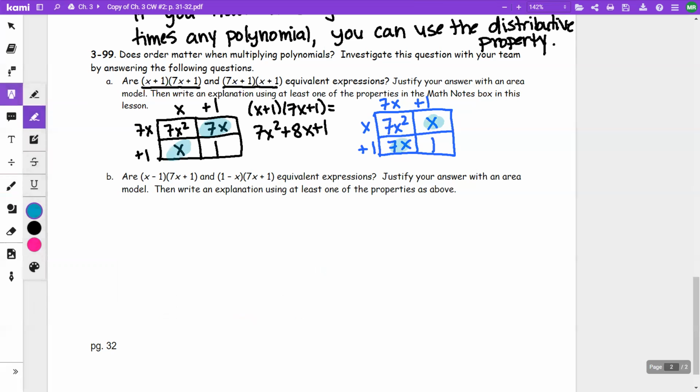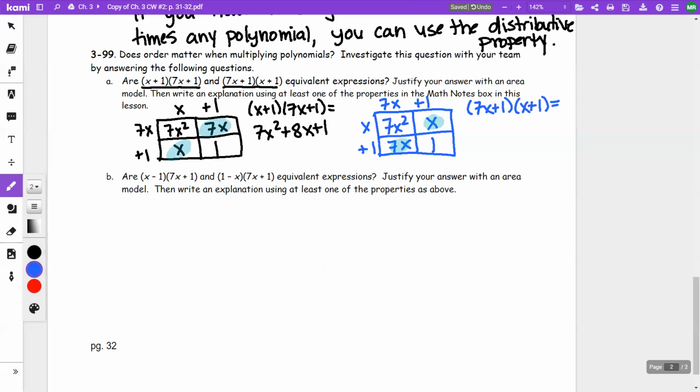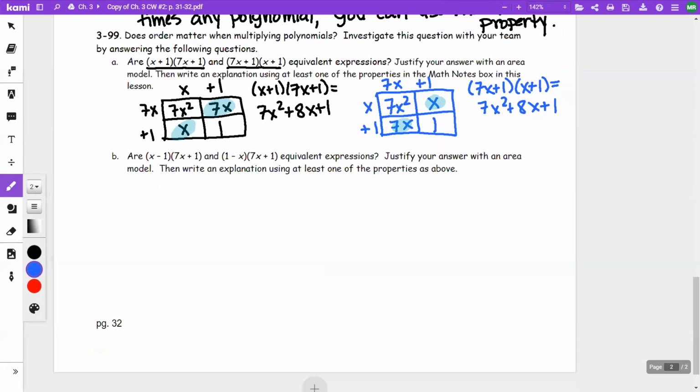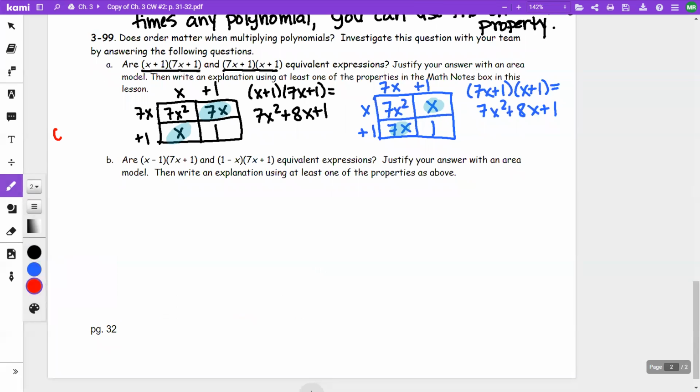And when I combine like terms, for 7x plus 1 times x plus 1, I get 7x squared plus 8x plus 1. So you see I got the same answer. It doesn't matter if I put the x plus 1 on top or on the side. I'm going to get the same answer, okay? And we call this the commutative property of multiplication.